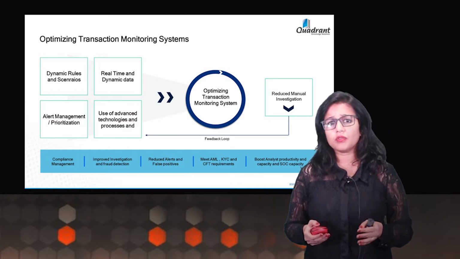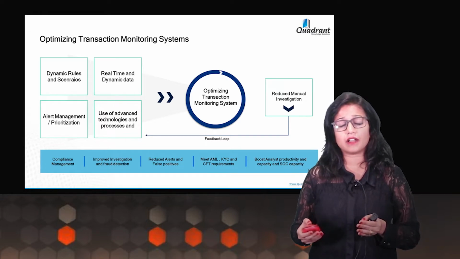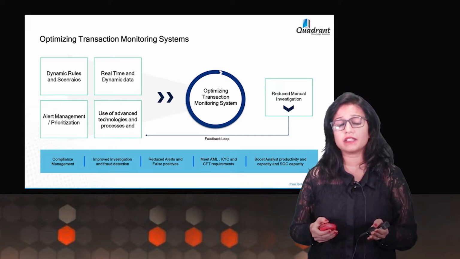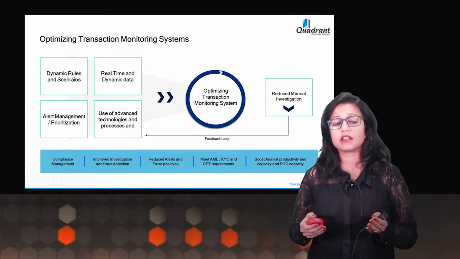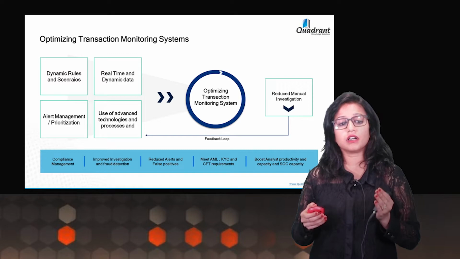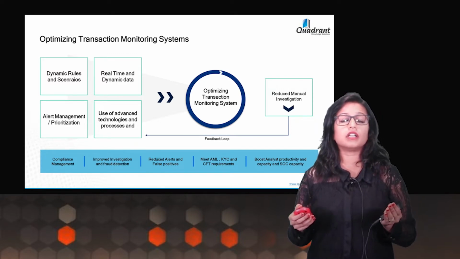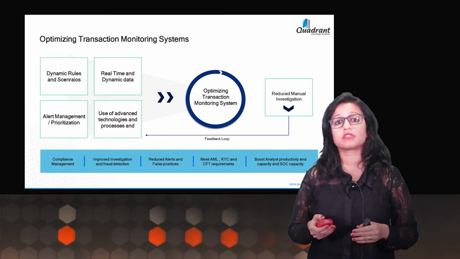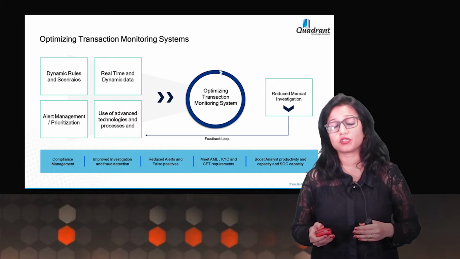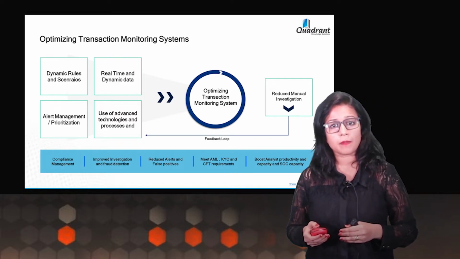So overall, it's very important for financial institutions to optimize their transaction monitoring system by using dynamic rules and scenarios, real-time dynamic data, and also alert management and prioritization, and the use of advanced technologies is further driving the process of optimizing transaction monitoring systems.